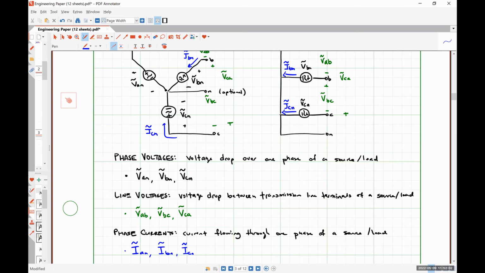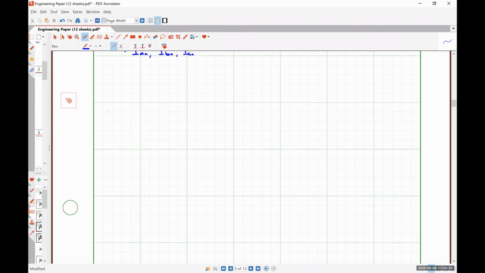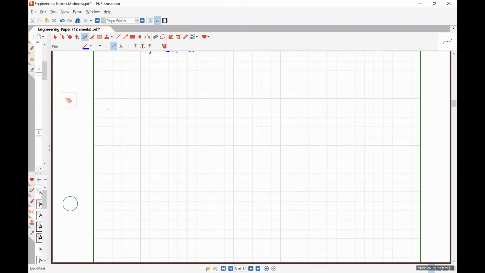All right. So this is our Y connected source. Now let's talk about a delta connection. Again, there are two different ways that these are represented. One I care for, the other I do not, because I am picky. So let's start with the one that I don't care for again.